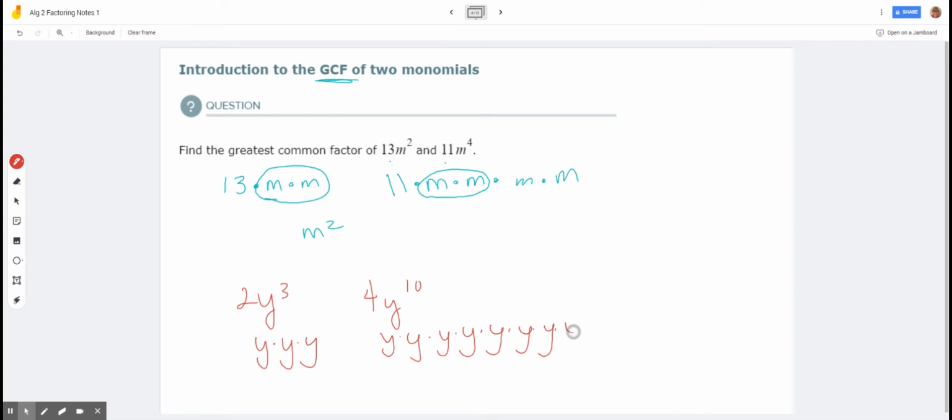The only thing they're going to have in common is those 3 y's. So that's going to be the greatest common factor. And then between 2 and 4, 2 goes into 2, 2 goes into 4, y cubed. Okay, that's the greatest common factor.